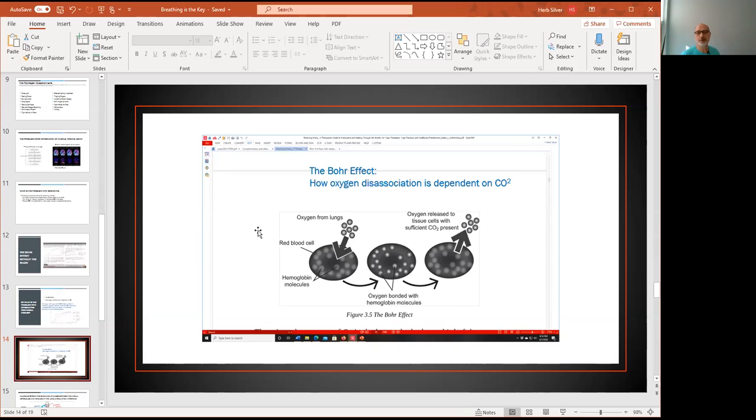You need oxygen in the muscle to burn fat. You want to change over from burning glucose to burning fat, and you have to have oxygen in the muscle to do that. Many of us don't do it efficiently. We can exercise inefficiently and not lose the weight like we would if we had good oxygenation of our muscles.